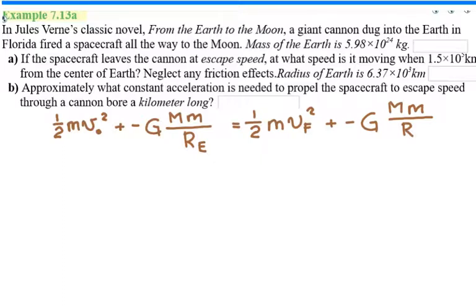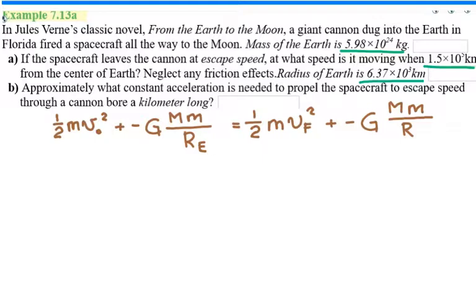The mass of the Earth is 5.98 times 10 to the 24. The new distance r is 1.5 times 10 to the 8, because I converted kilometers into meters, and the radius of Earth is 6.37 times 10 to the 6 meters after converting into meters.